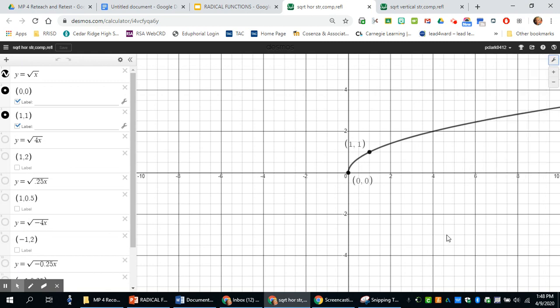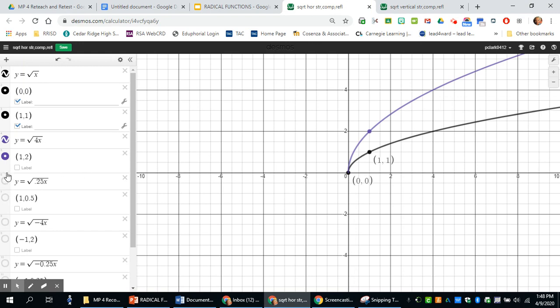All right, so this is the parent function here in black, and you see our key reference points, 0, 0, and 1, 1, labeled here. Now, if I do a horizontal compression by a factor of 1/4, then I see that my reference point of 0, 0 is exactly the same, but my reference point of 1, 1 is now 1, 2.